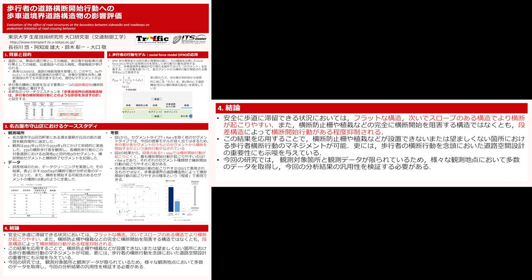Pedestrian crossing initiation behavior can be suppressed to some extent by structures at the boundary of the roadway, such as steps and ramps, even if they are not structures that physically inhibit crossing behavior completely. Based on this, it is possible to manage pedestrian crossing behavior in areas where fences cannot be installed to ensure roadside accessibility. Furthermore, we highlighted the importance of road space design with pedestrian crossing behavior.